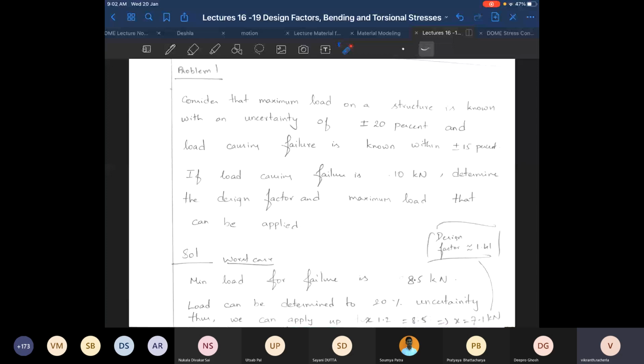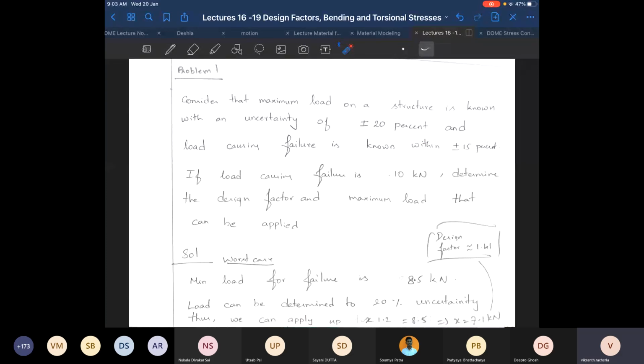If someone says that I have a 10-ton force acting on this member, what it means is the force which is acting in reality could be varying from 8 ton to 12 tons. So there is an uncertainty of plus minus 20% in the load which is acting on the member.